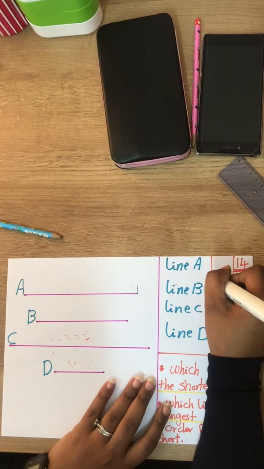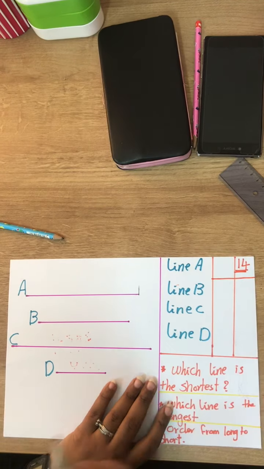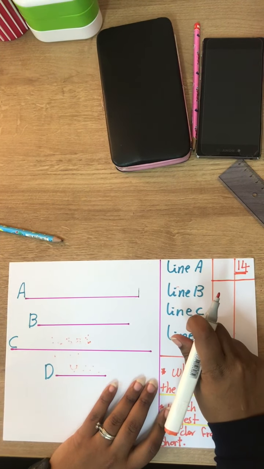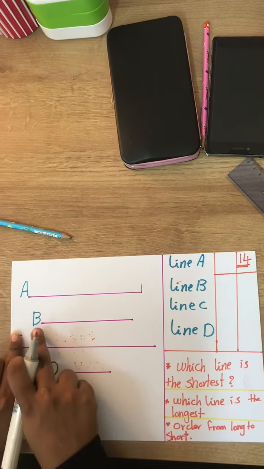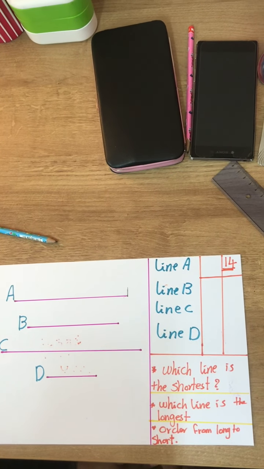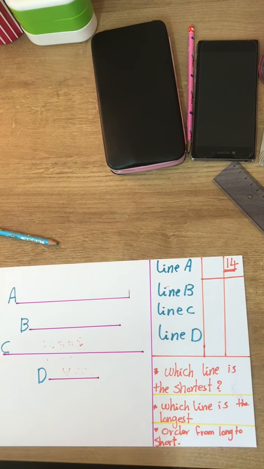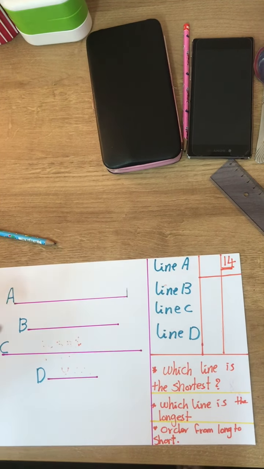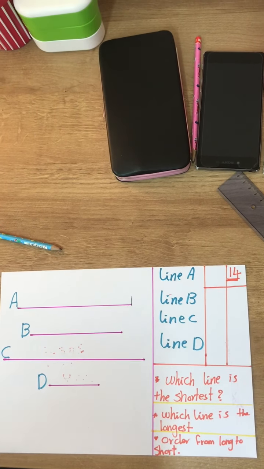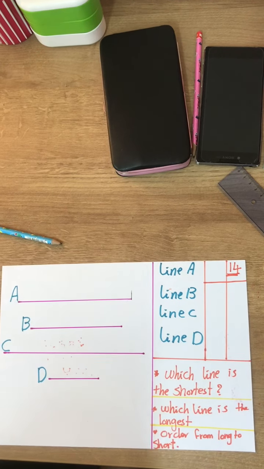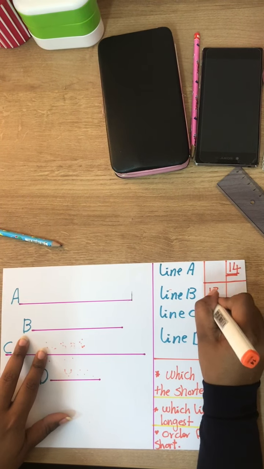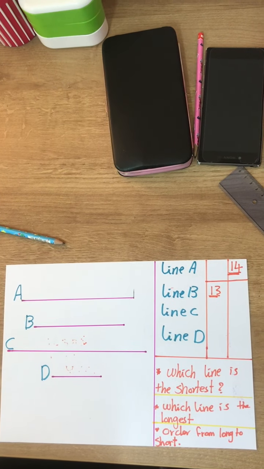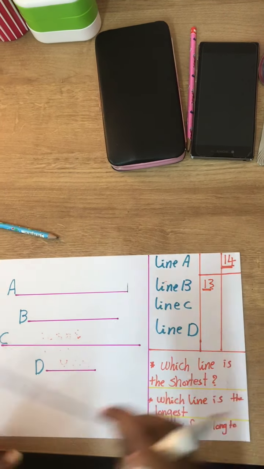So now let's estimate the second one, line B. You're looking at it and thinking how long it is. If the first one is 14, I will say this is probably 13. I estimated it's 13. Let's find out if it's 13 or not.